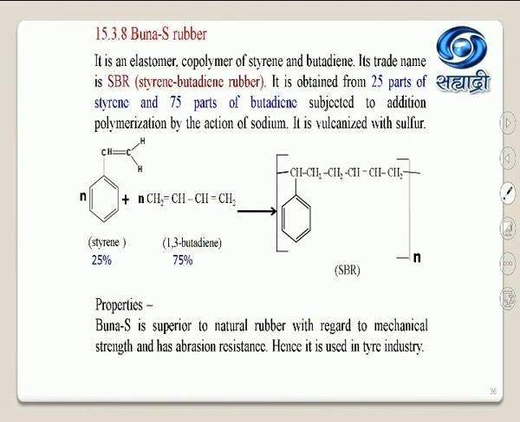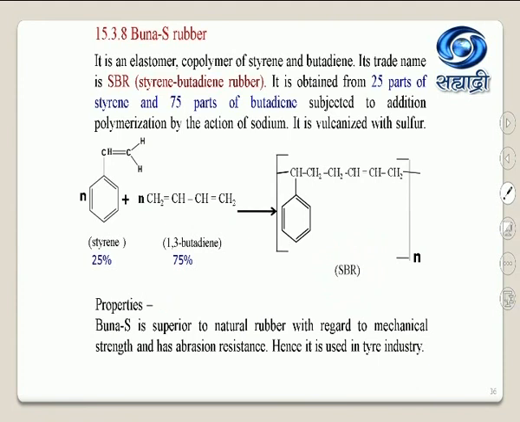Di means 2 and ene means double bond. In this molecule there are 2 double bonds. First starts with carbon number 1 and second starts with carbon number 3. Therefore it is known as 1,3-butadiene. So here percentage of 1,3-butadiene is 75 and styrene percentage is 25 only. So when these two monomers are polymerized, it gives this SBR polymer, that is styrene butadiene rubber.